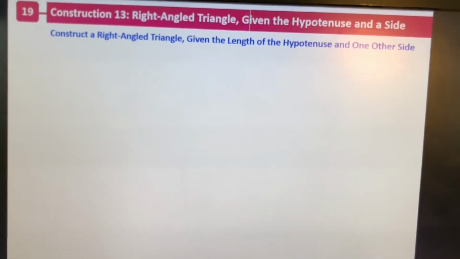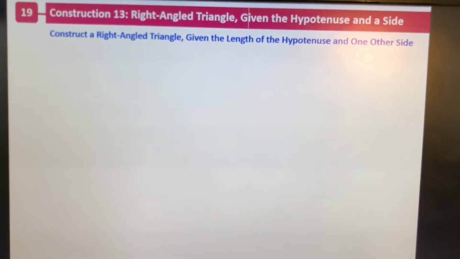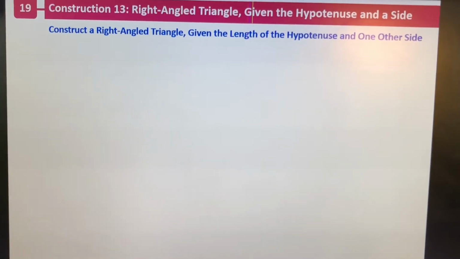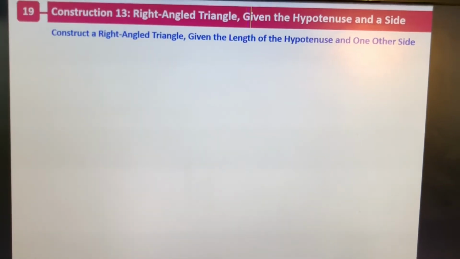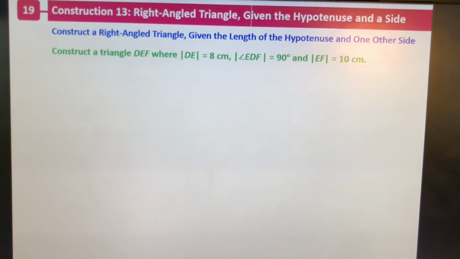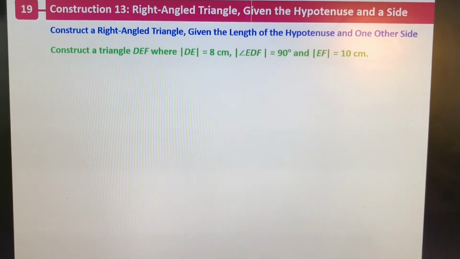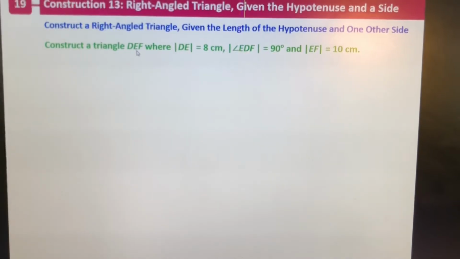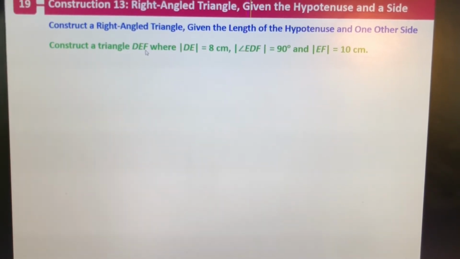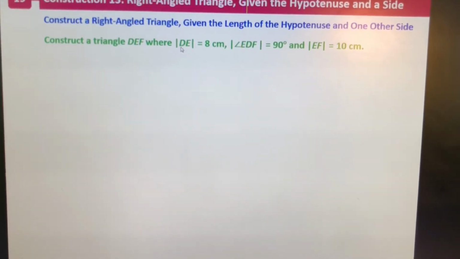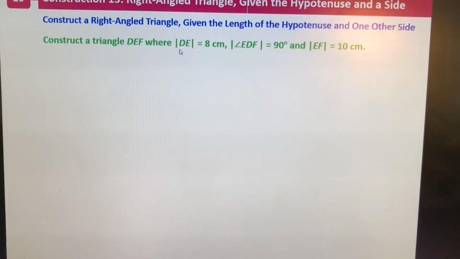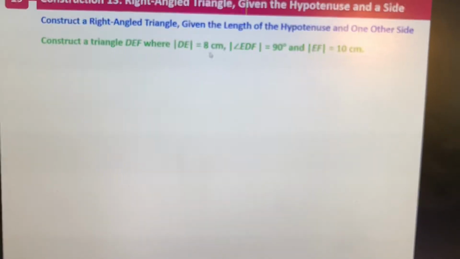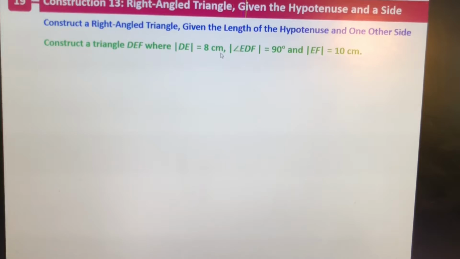So we're constructing a right-angled triangle when we have been given the length of the hypotenuse and one other side. In this case, we're asked to construct a triangle with the 3 points at its vertices D, E and F, where the measurement of the side from D to E is 8 centimetres.